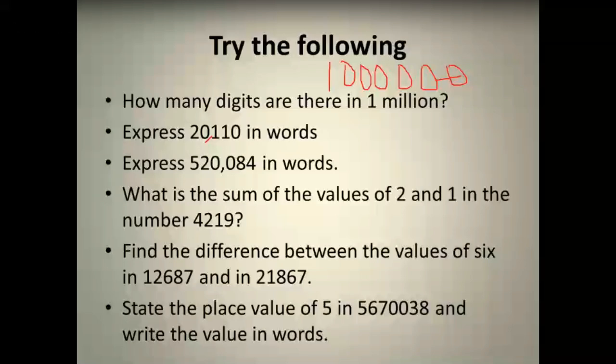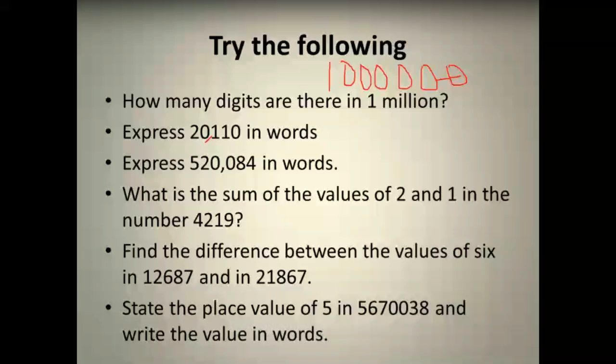What is the sum of the values of 2 and 1 in the number 4219? Don't forget where we started from: knowing the place value. The question says, what is the sum of the values? So you are taking 2 steps, and those 2 steps will lead you to the answer.